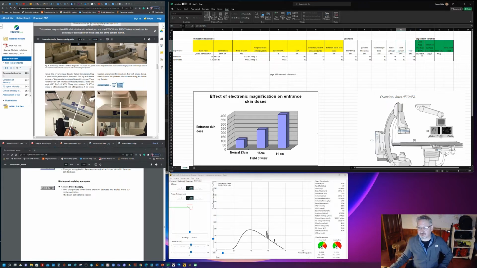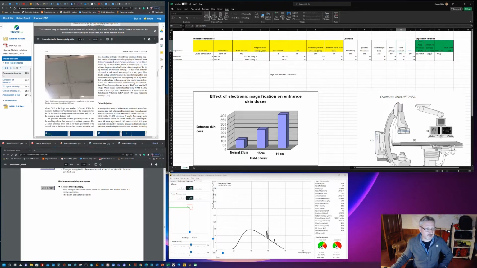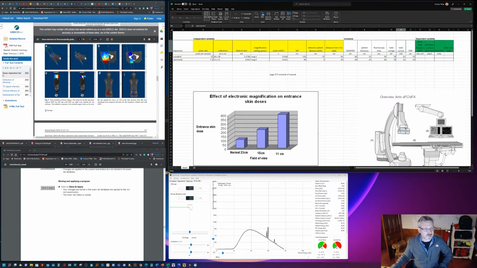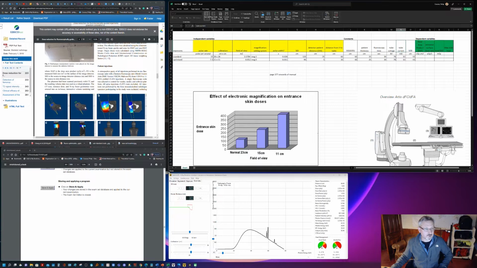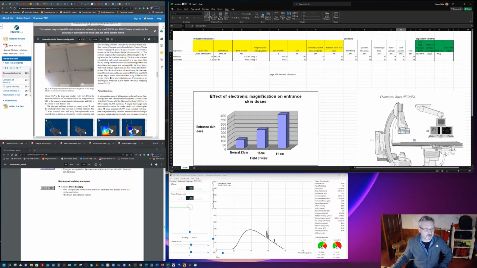Okay, they've given us results in dose area product and entrance surface dose. They've also given us effective dose, which is very clever of them. And to do that, they used this computer program, which had a Monte Carlo data set from the NRPB SR262, and they also used the ICRP tissue weighting factors.